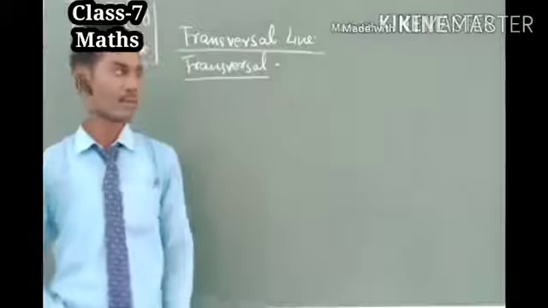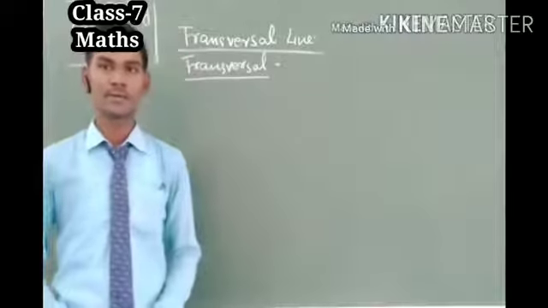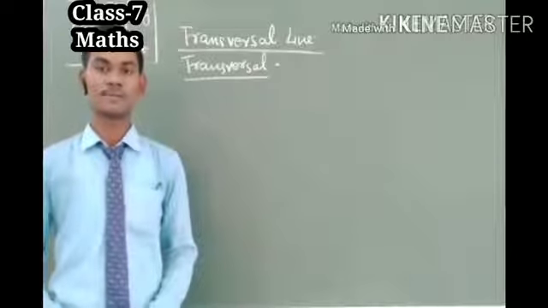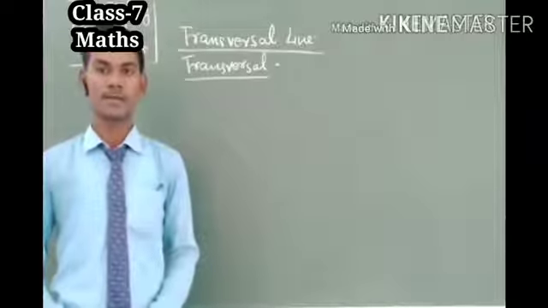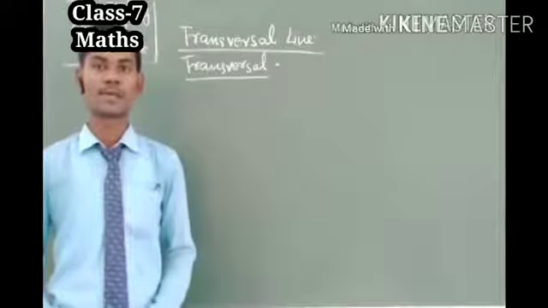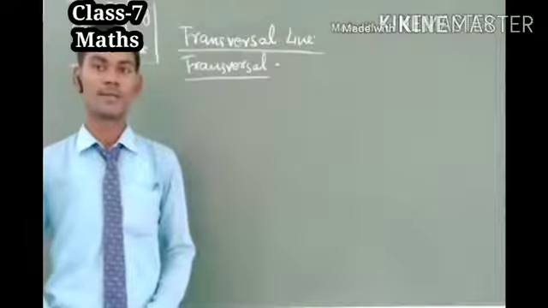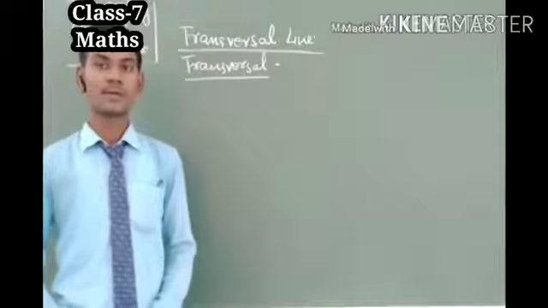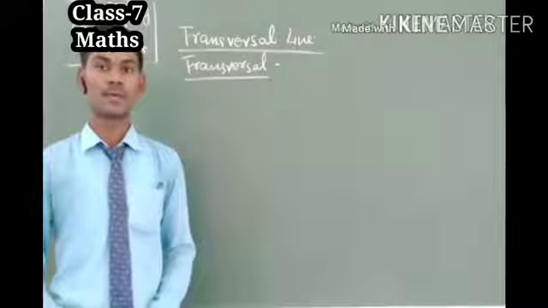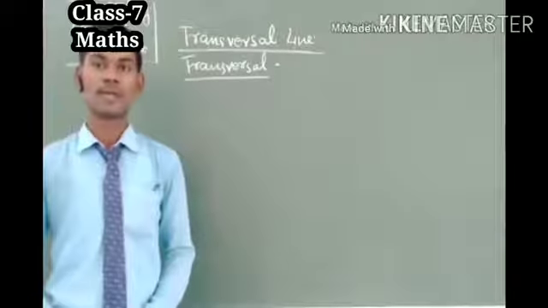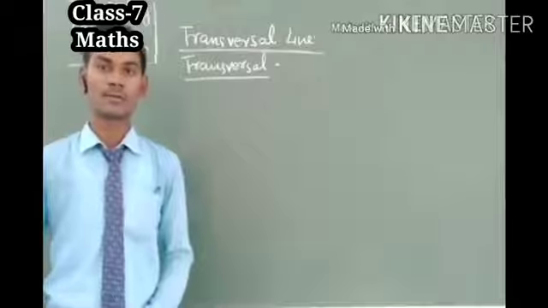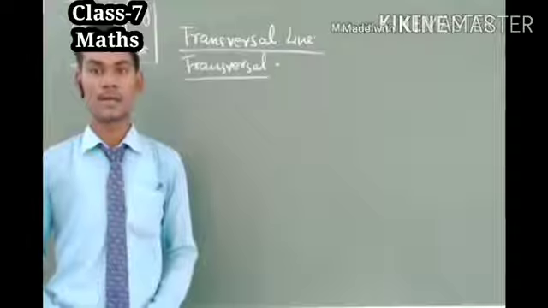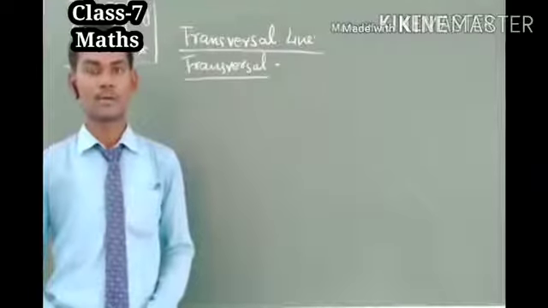Both are the same. In our last video, we already discussed parallel lines and the distance between parallel lines, and we also saw the cases of whether two line segments are parallel or not, whether two rays are parallel or not, and whether one ray and one line segment are parallel or not.